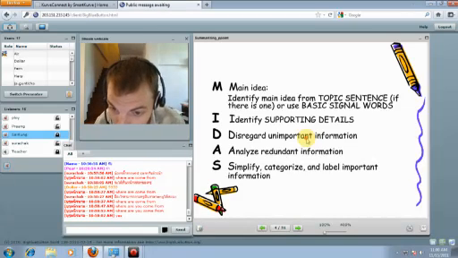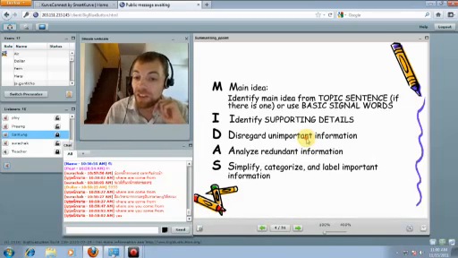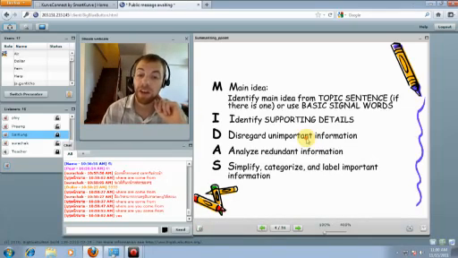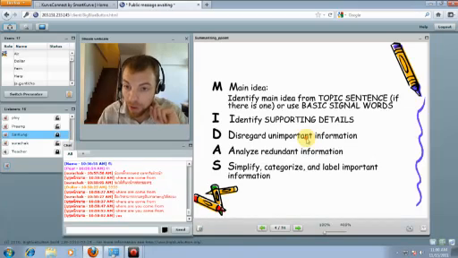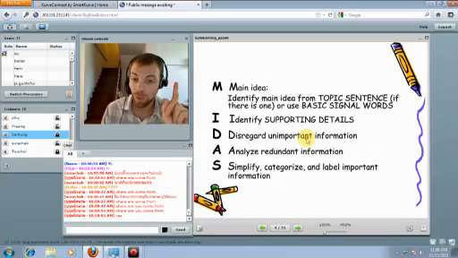And next, A, we need to analyze. We're talking about redundant information. Many times in a paper, there is information that you see 2 or 3 times. They repeat the same thing, same thing, same thing. When we summarize, only one time we talk about it.